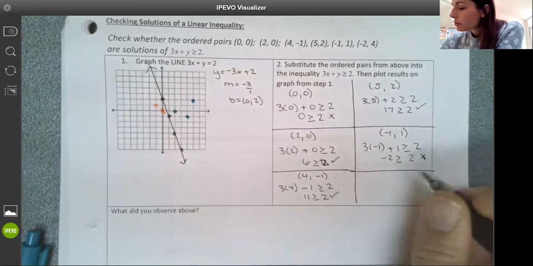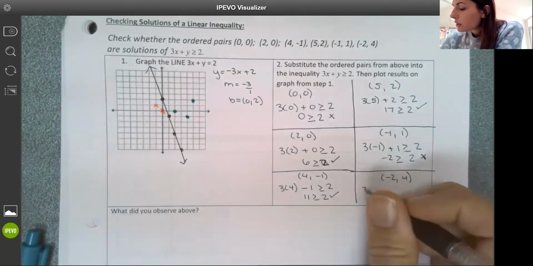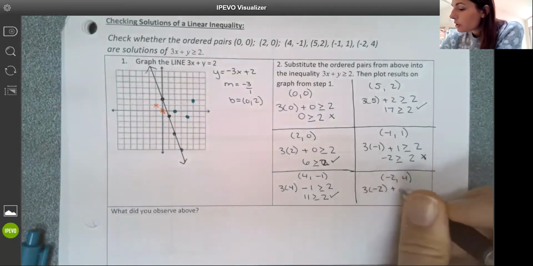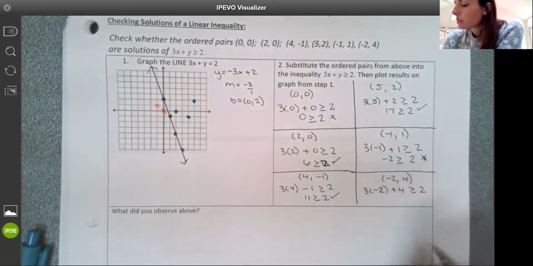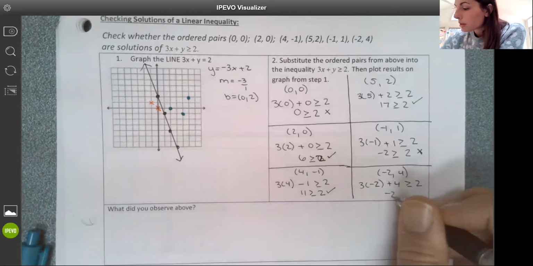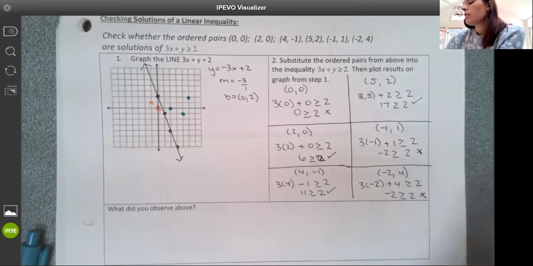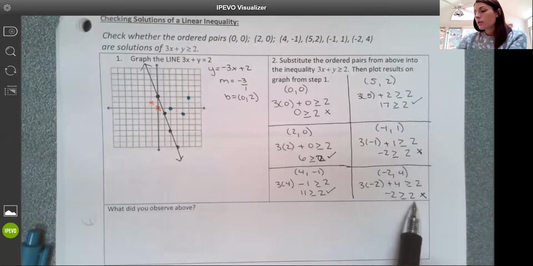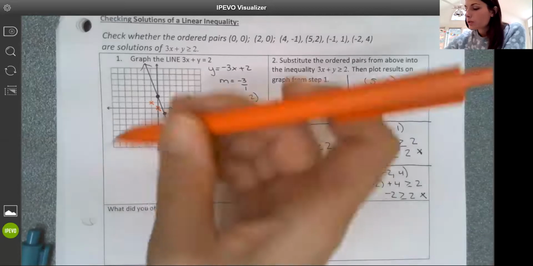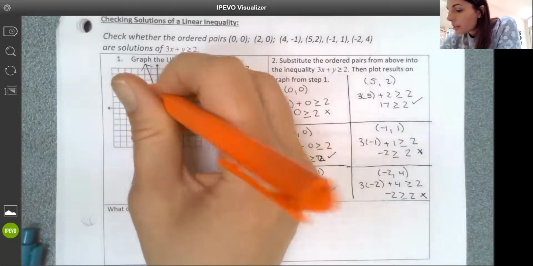And our last ordered pair, -2, 4. So 3 times -2 plus 4 greater than or equal to 2. This would give me -6 plus 4, or -2. -2 is not greater than or equal to 2. So this point, -2, 4, did not work.